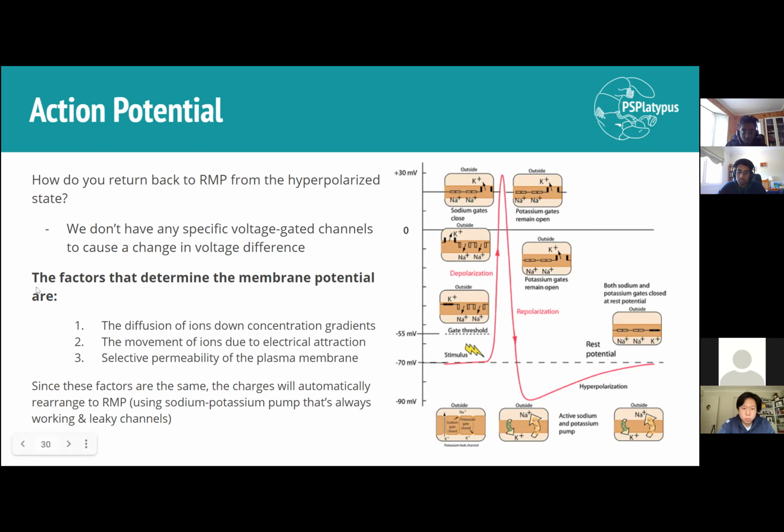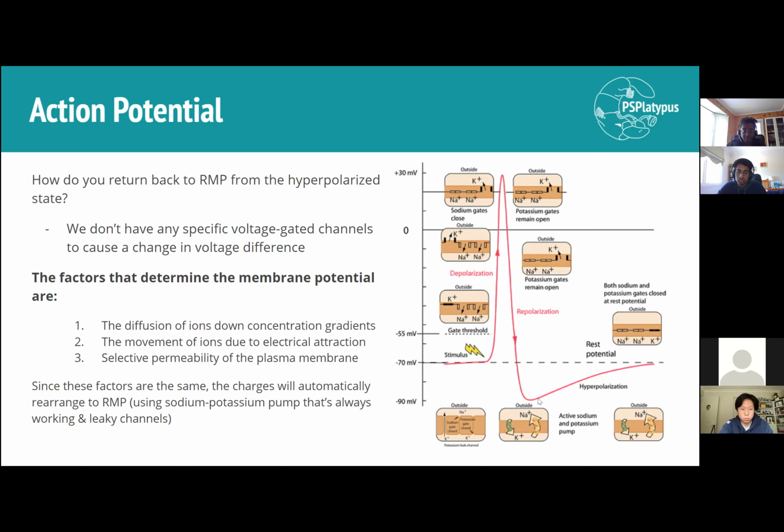We can argue that in this phase, when it's hyperpolarized, the concentration is going to be different, because that's why it produces a different membrane potential. But because of the sodium potassium pump, it's going to redo the state. It's going to bring the concentration levels back to what's typical.